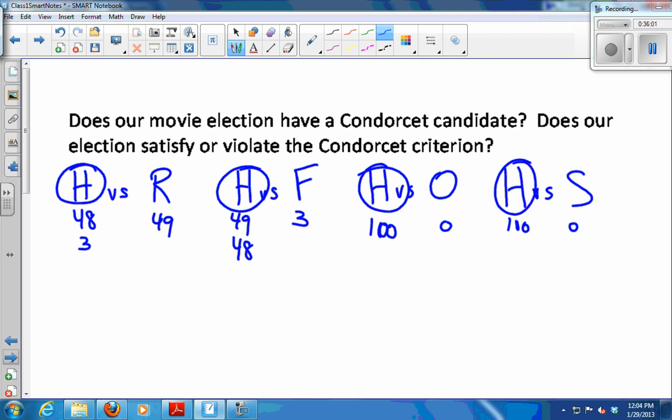Hula wins. So if you ask anyone in the band, if you conduct a vote where you ask the band to choose between Hula and any other bowl, they choose Hula. So we call Hula a Condorcet candidate. They are preferred by the voters over every other candidate in a head-to-head matchup.